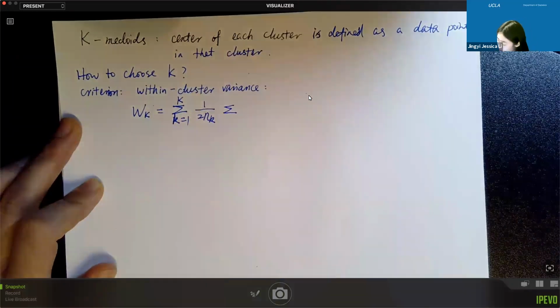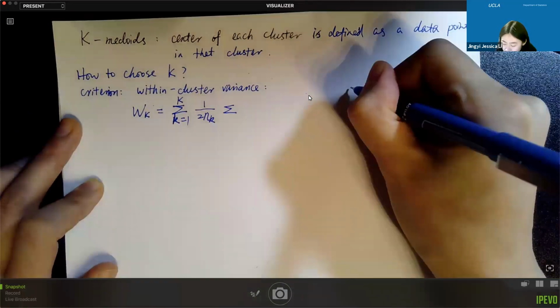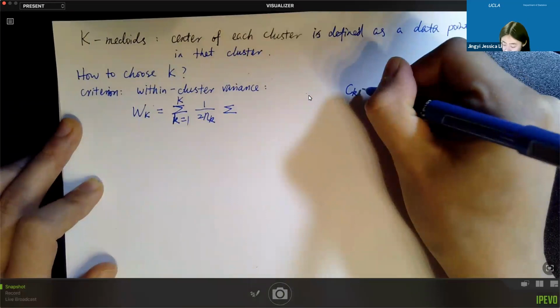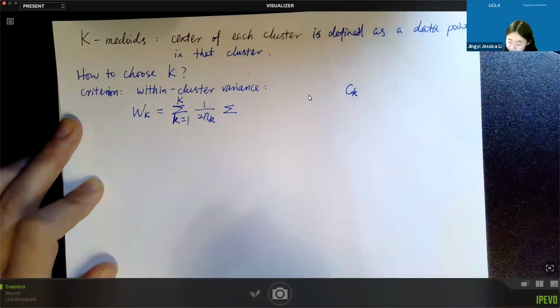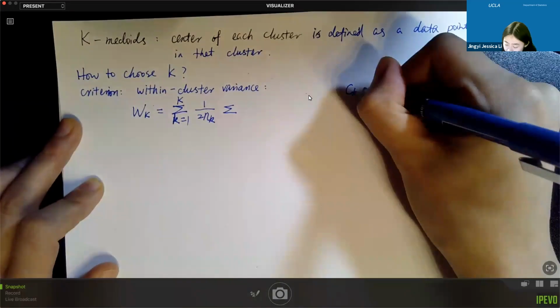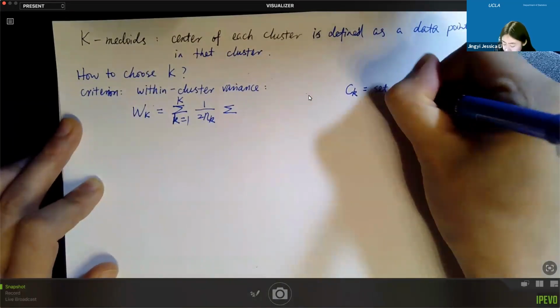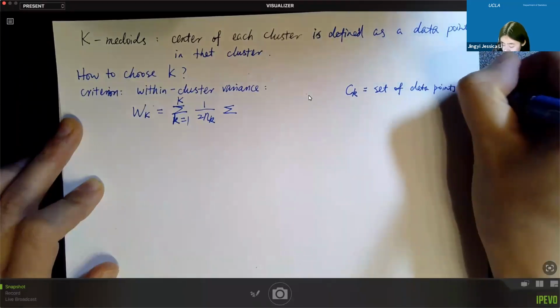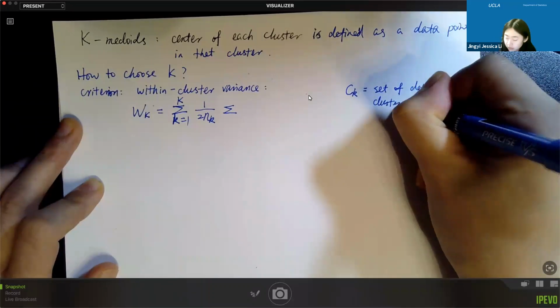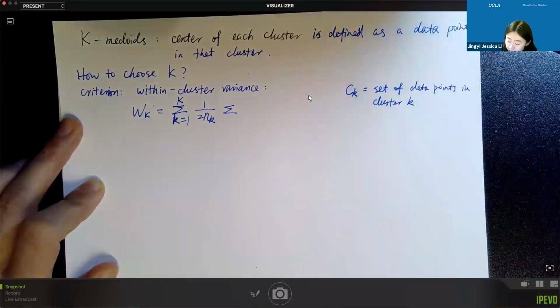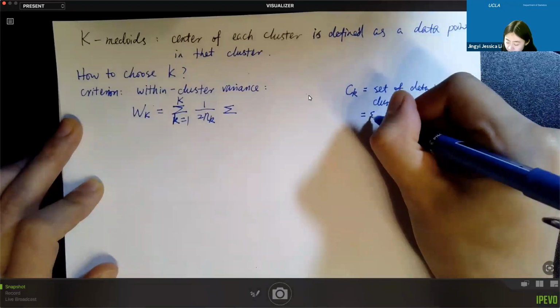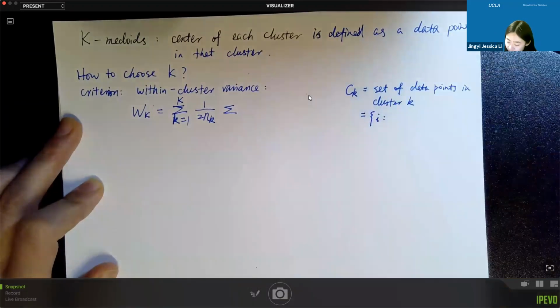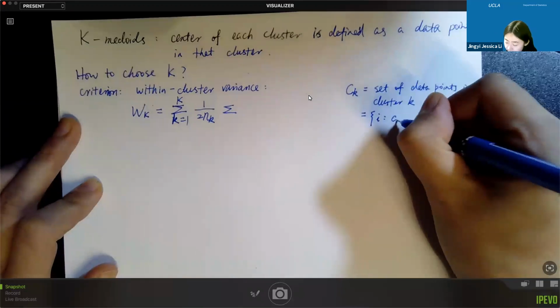Here I'm going to change the notation a little bit from what we used in the previous lecture. I will call the set CK the set of points in cluster K. This is defined as the set of data points in cluster K. If I use our previous notation, it's equal to the set of indices i such that the lowercase ci equals k.